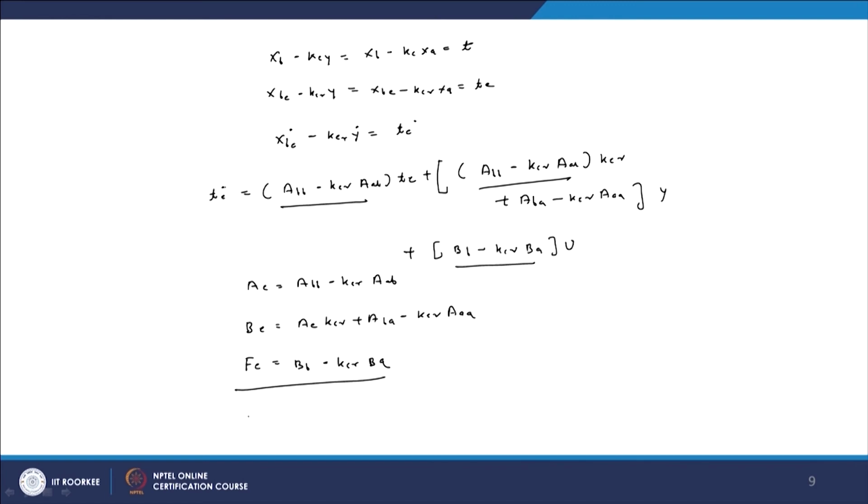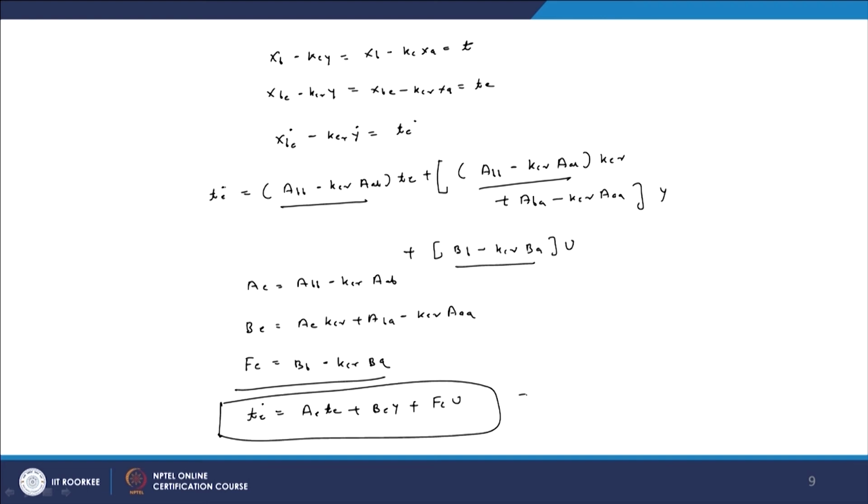Therefore, the final equation is T dot equal to AE into TE plus BE into Y plus FE into U. This is the equation for a minimum order observer.